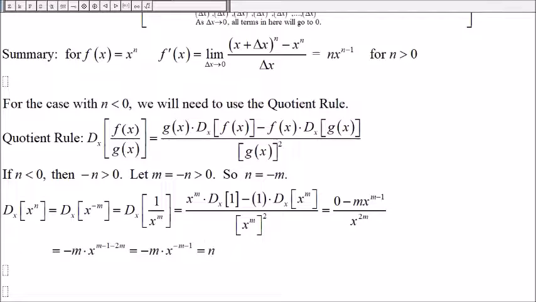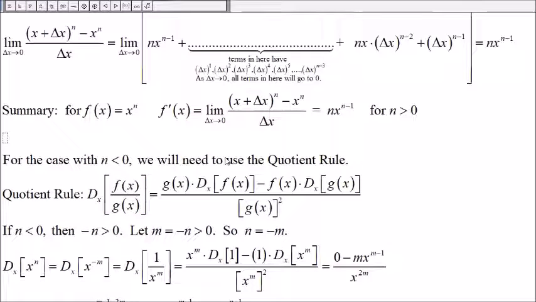So we get n times x to the n minus 1. And therefore the derivative of x to the n is equal to n times x to the n minus 1 for n less than 0.